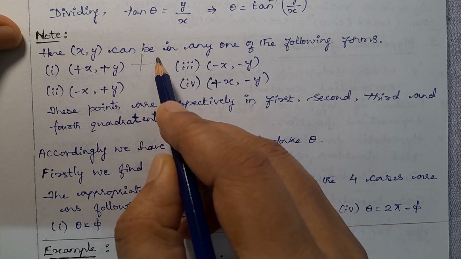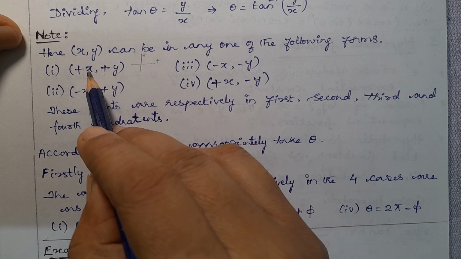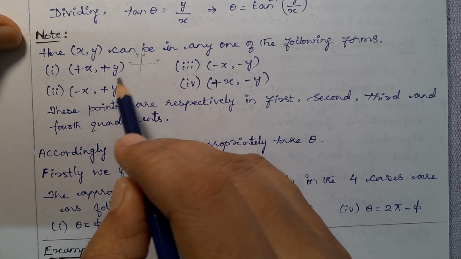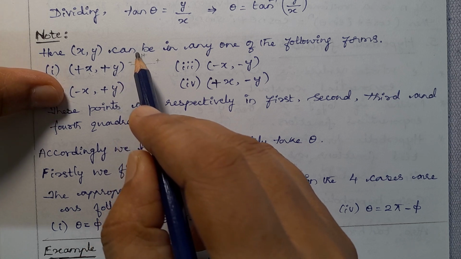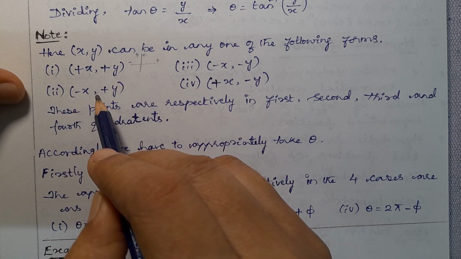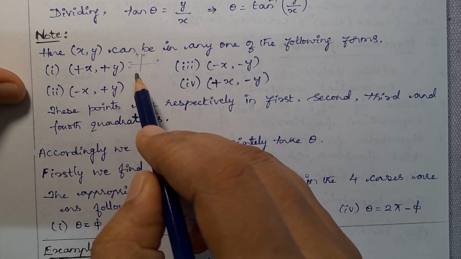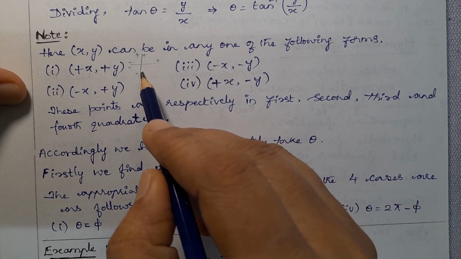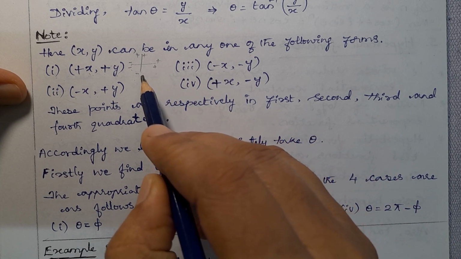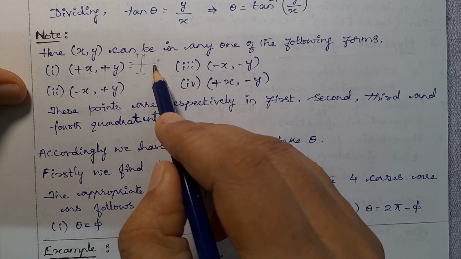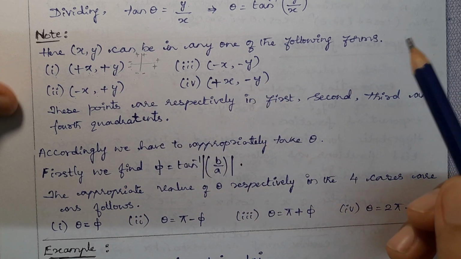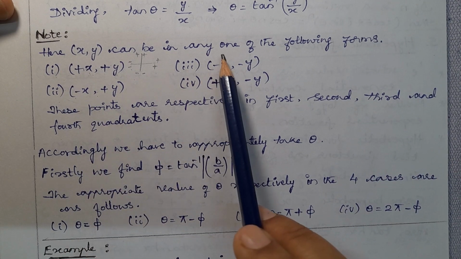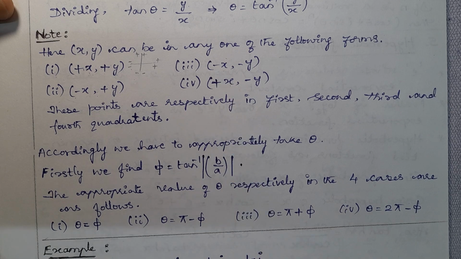So x positive, y positive: first quadrant. x is negative and y is positive: that is second quadrant. x is negative, y is also negative: that is third quadrant. x is positive, y is negative: that is fourth quadrant. These points are respectively in first, second, third and fourth quadrants.